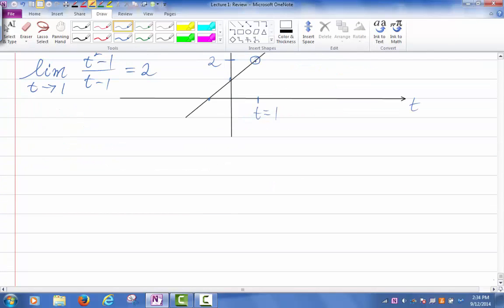So when I'm writing this, what it means precisely is the following.